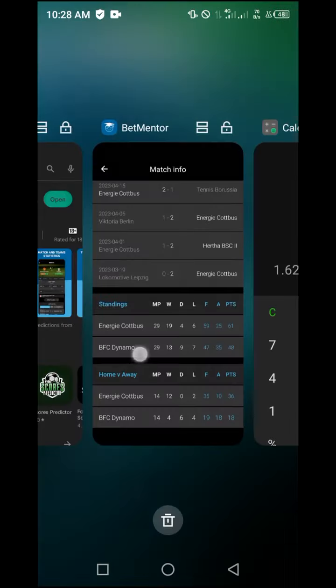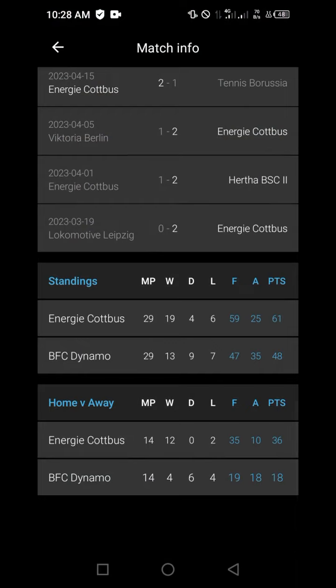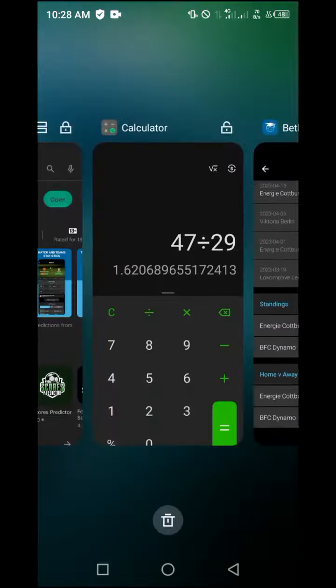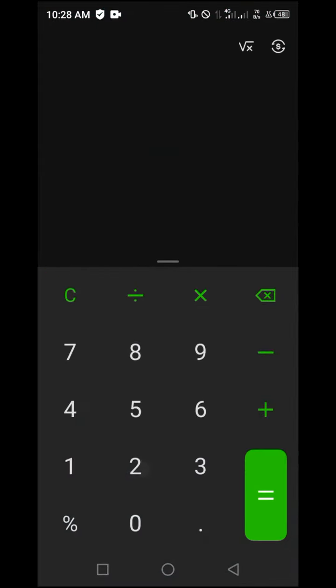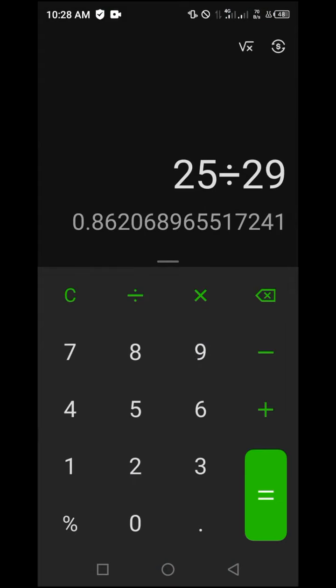So we take 25 divided by 29 to conclude this. 25 divided by 29, you can see that it is 0.8, which is already above 0.5. If it was between 0.1 to 0.5, it would mean that Energy Cottbus is very, very defensive.